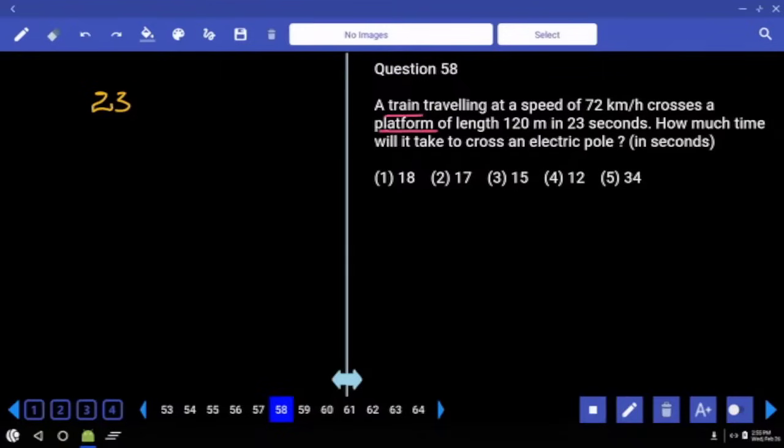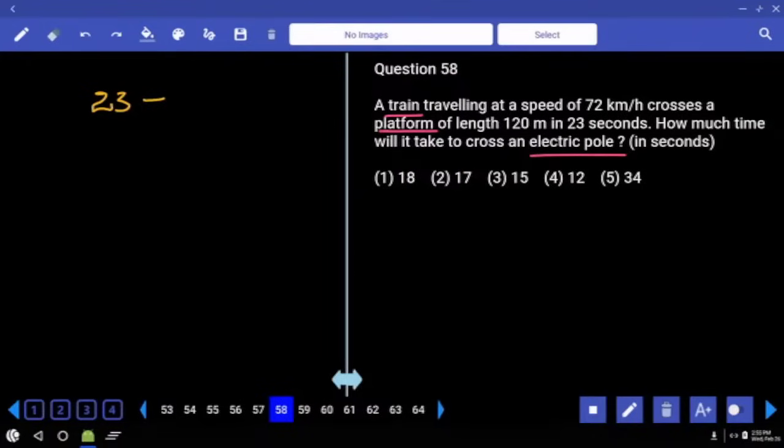So distance covered is equal to train length and platform length only. Now, if it has to cross an electric pole, it should cover only train length. But here in 23 seconds, it is covering train length as well as platform. So from this, if I subtract the time it takes to cover platform, then we are getting our answer.